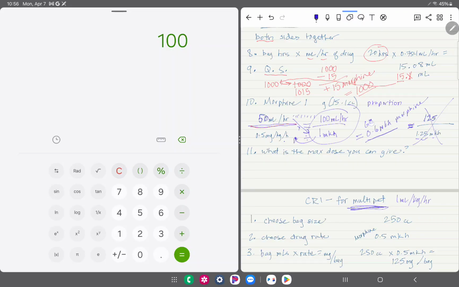There you go. Now you can properly write it in the record. And somewhere you could even note not to exceed 100 mL per hour, because that would be higher than the recommended dose rate of morphine. All right, so the max dose, there you go.